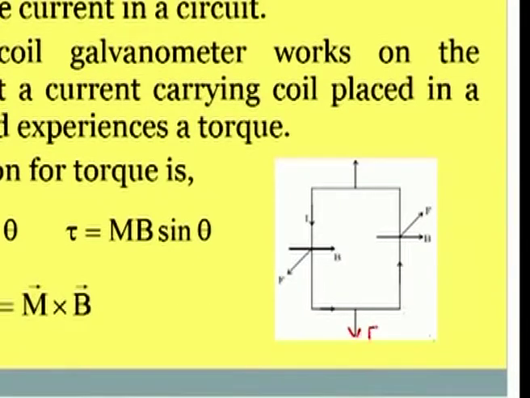These forces cancel each other. This is how the force exists on the four arms of the coil, which is taken in the rectangular shape. So, these two forces cancel each other, and these two forces also cancel, but they are separated by a distance. So, that will produce a couple, or in other words torque, and this torque depends on the quantities which we have seen.